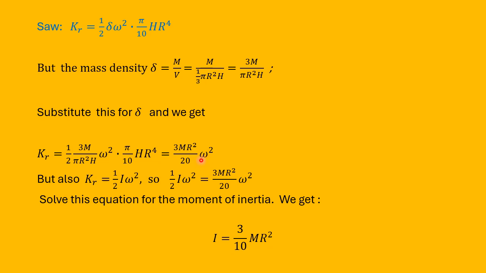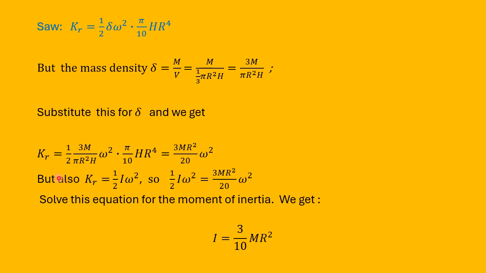You can see that this is an easy simplification. We have r to the 4th divided by r squared, which gives us an r squared here, and so forth. We have h divided by h, which leaves no h in this formula, and so on.